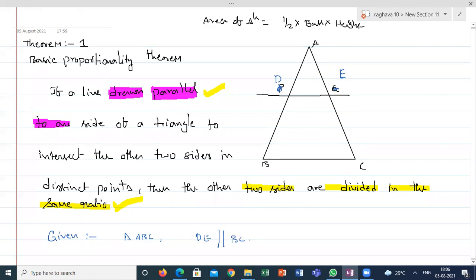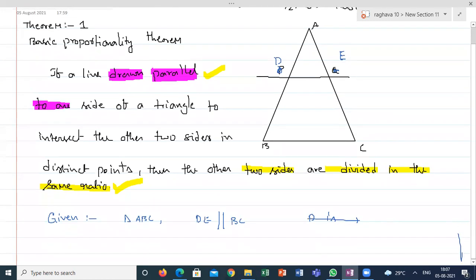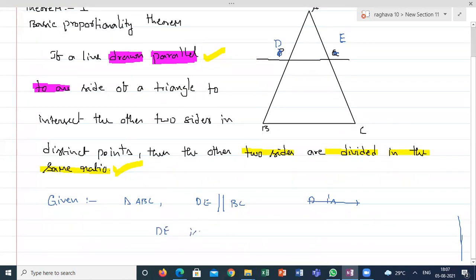DE is parallel to the side BC and intersects AB and AC at D and E. So D and E are the intersection points, where AB is divided at D as AD and DB, and AC is divided at E as AE and EC.